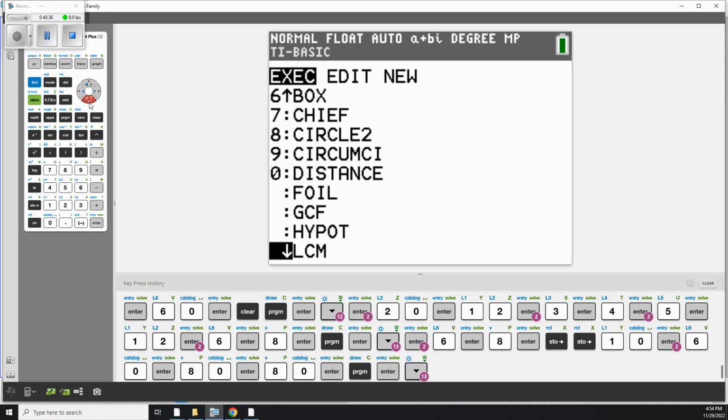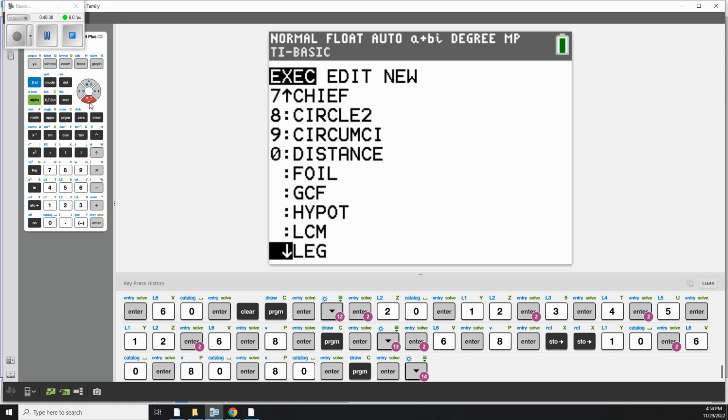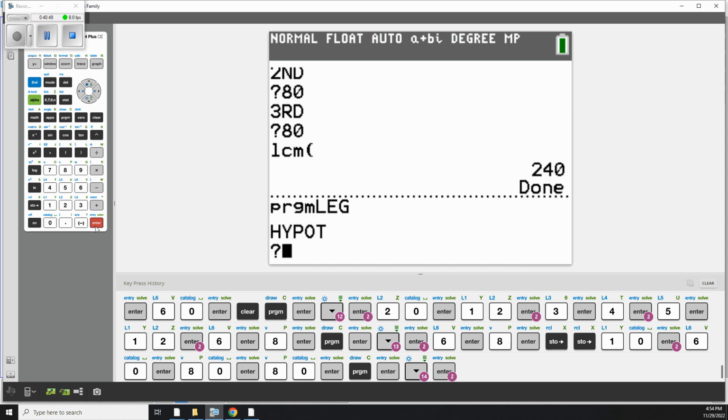Hypot, LCM, leg. Leg is the hypotenuse program backwards. So look at what leg does if you get on it. It wants the hypotenuse first. Let's make one up, 12.